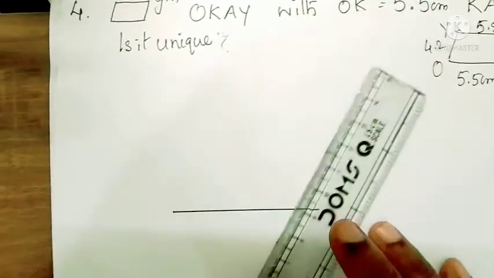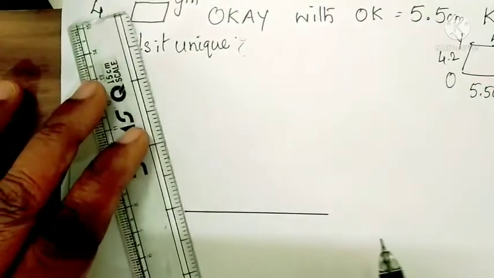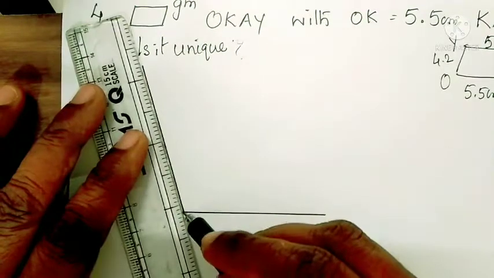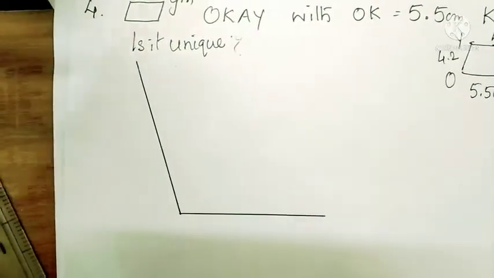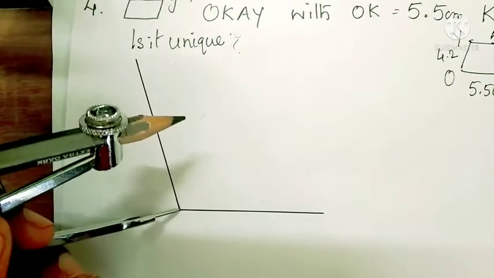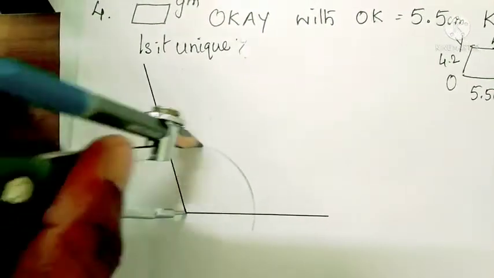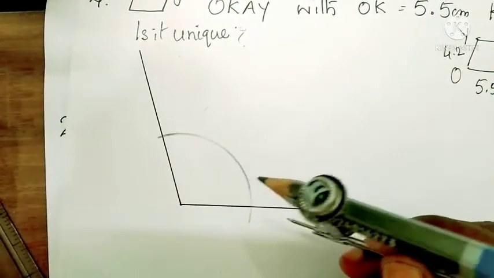So, you can draw any angle that you wish. Somebody may make here an obtuse angle, somebody may make one acute angle. Whatever angle you made here, the same angle you need to make on the other side also.